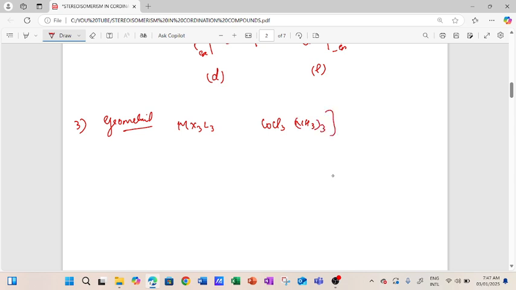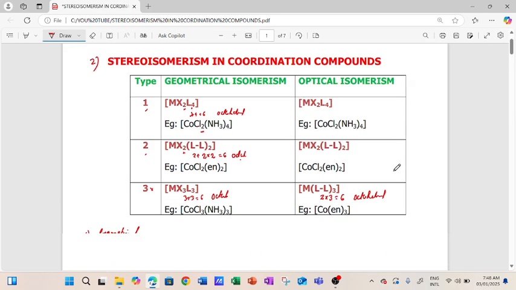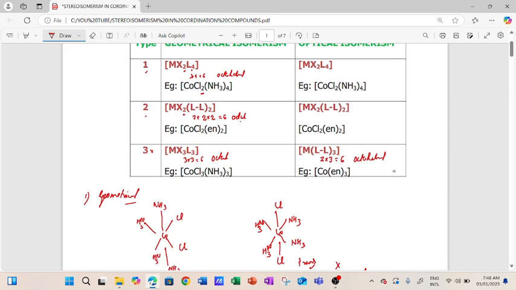This isomerism will not form cis and trans, instead it forms facial, short form FAC, and meridional, short form MER isomer. Why? Because in the previous two examples, X2 times are there. Similarly, in the second type also, X2 times are there.